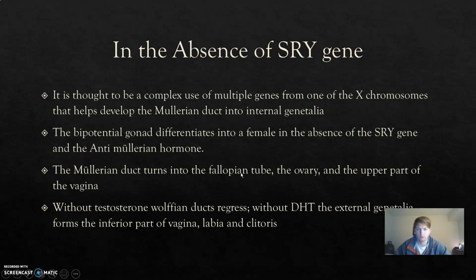So, in the absence of the SRY gene, there's several different situations that you can have where you have an XX chromosome, you can have an XXX chromosome, you can have XO, but typically we have XX for females. And in that absence of the SRY gene, you're not creating the same genes, it's going to influence those three other genes. So, the testes will not develop. Instead, in the absence, the ovaries will develop.